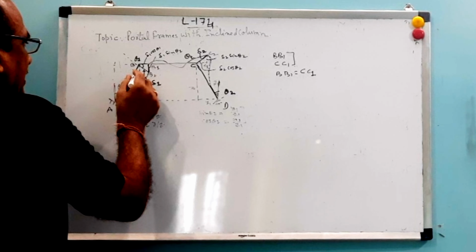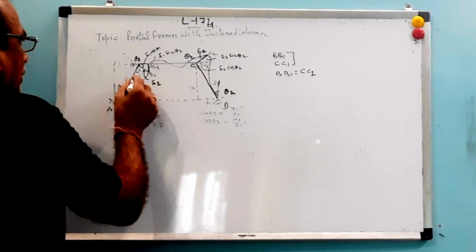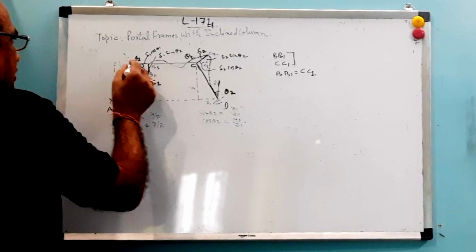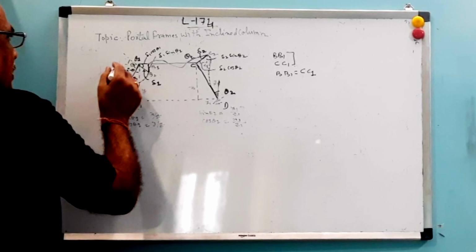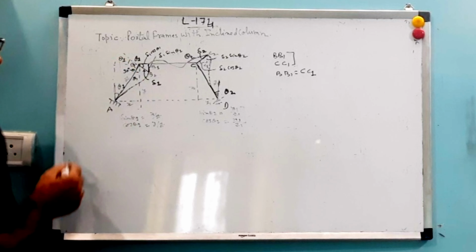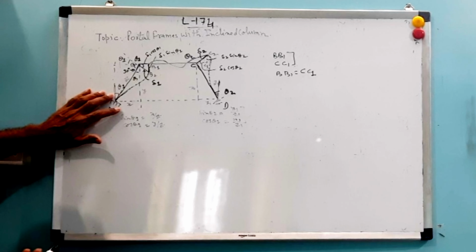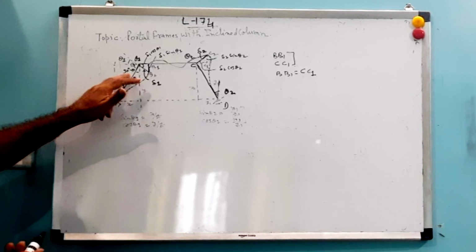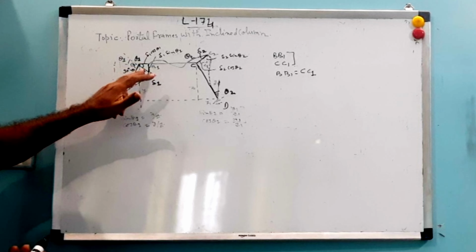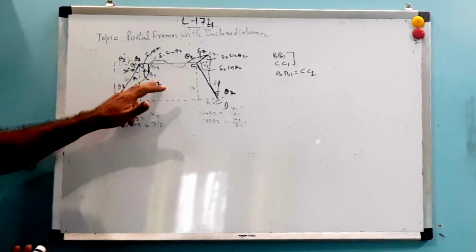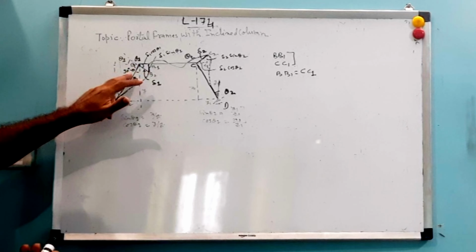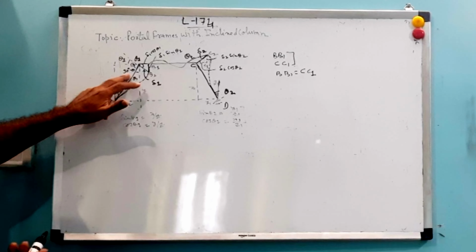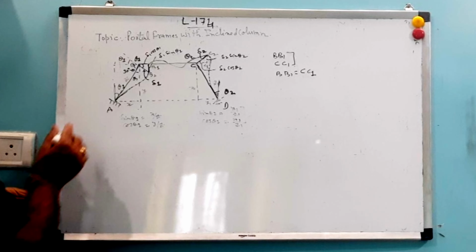So the angle with the vertical is theta 1, right? So this angle will be 90 minus theta 1, and this is already 90, so this will be theta 1. Again this is perpendicular to this line, so this is 90 minus theta, and this whole angle is 90, so this will be theta 1.